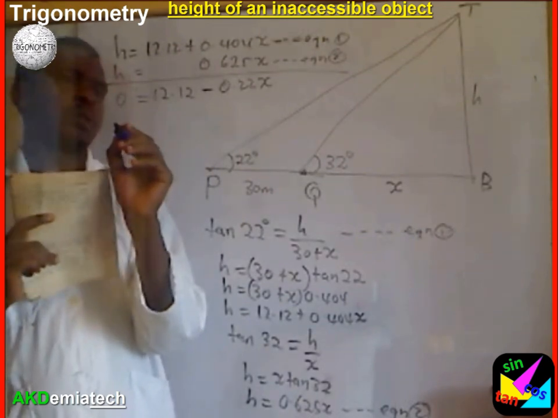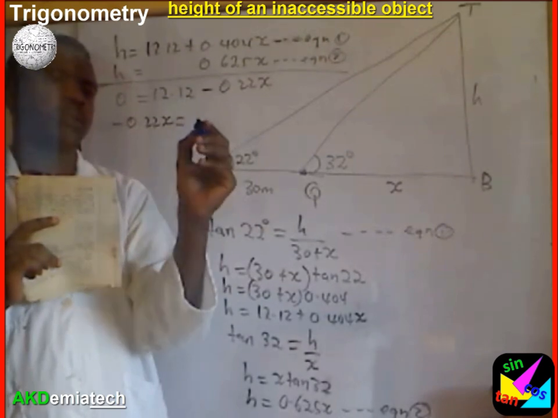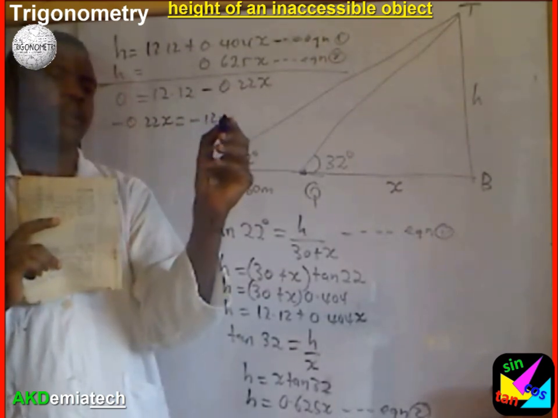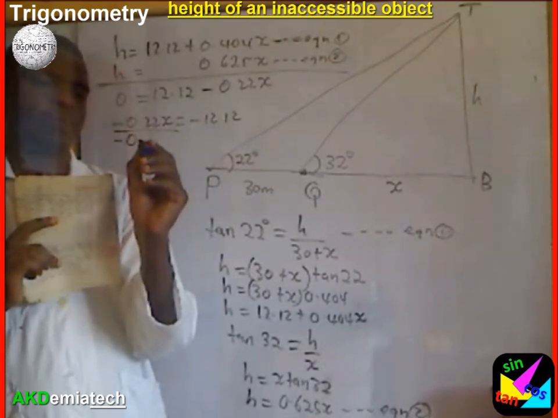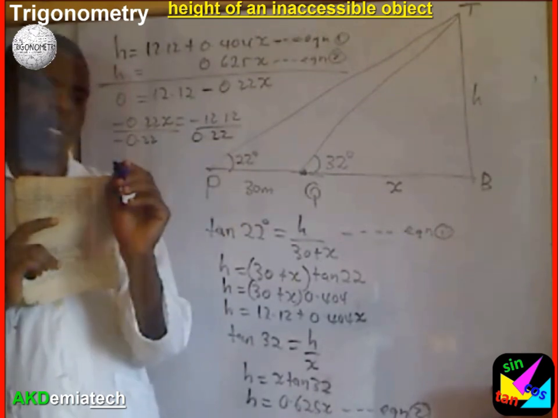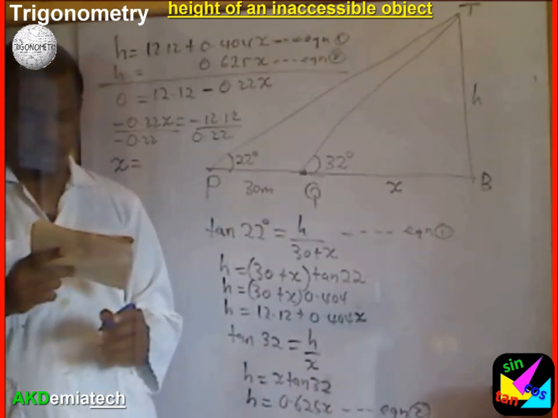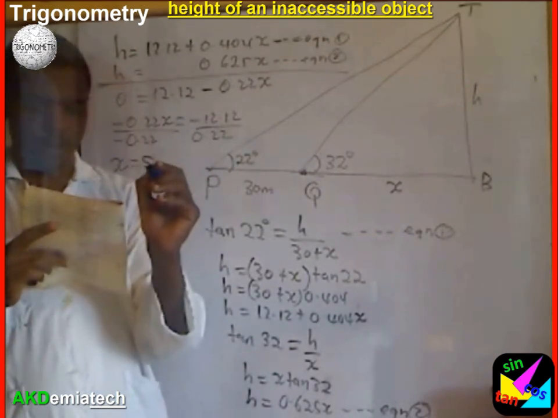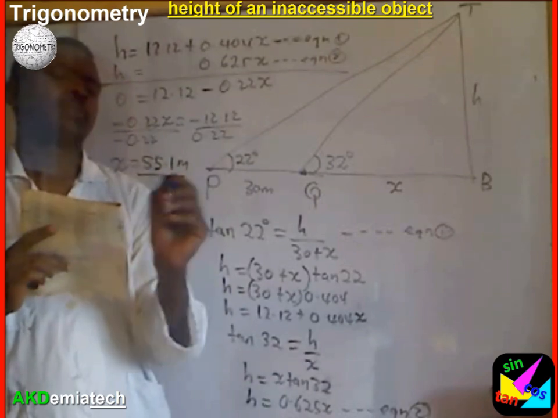It says minus 0.22x is equal to minus 12.12. Divide all through by minus 0.22. x there will be equal to 55.1 meters.